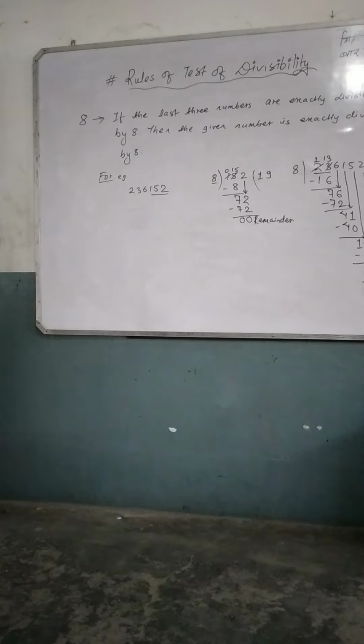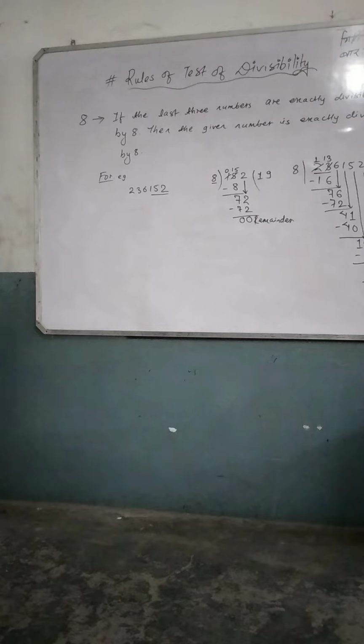By the division process only we can get the solution. So at first you select the last 3 numbers and check by 8 by division. If you get remainder 0, then you understand the whole number will be exactly divisible by 8. If not, then the number will not be exactly divisible by 8.